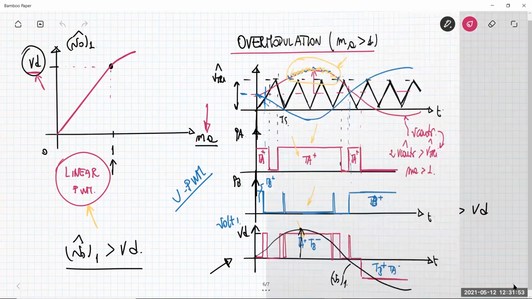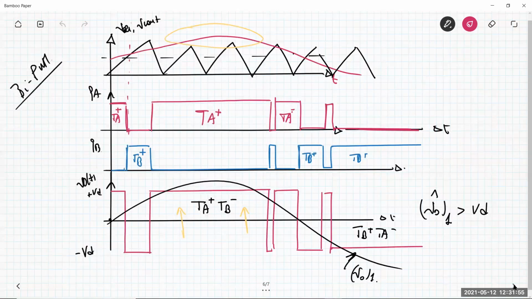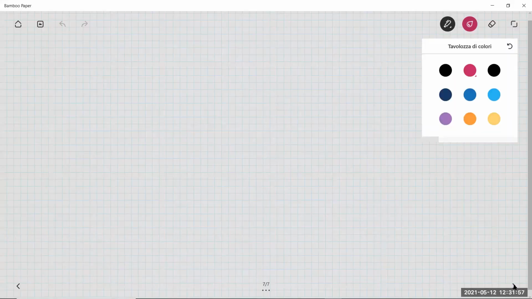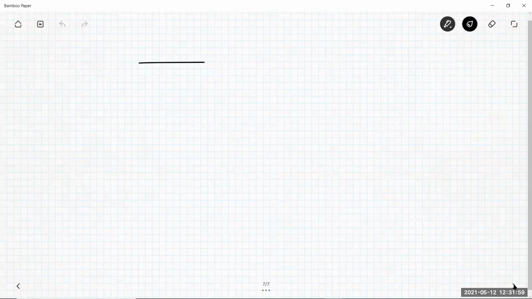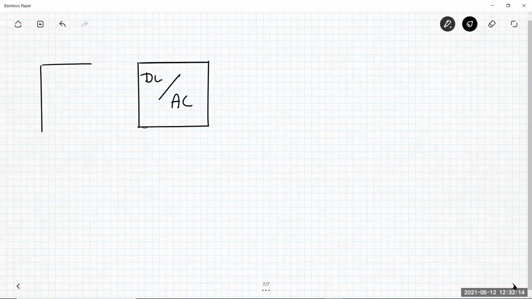It can be useful in some specific applications, not limited to my example here, but this is basically the most important one, in which the input DC side of my inverter is obtained by using a rectifier from an alternating mains voltage source.